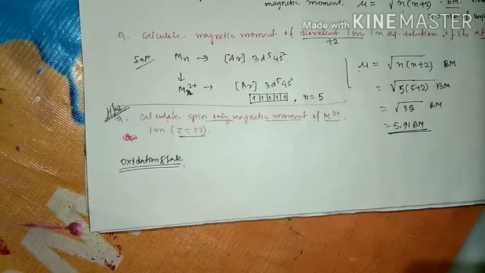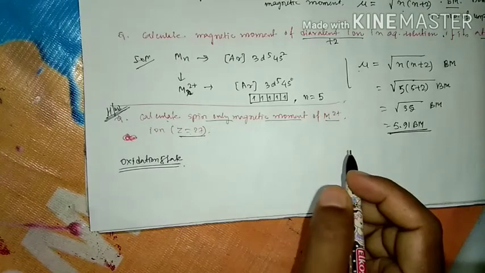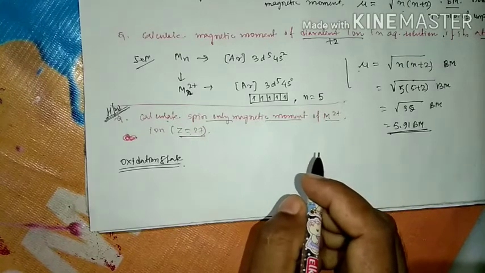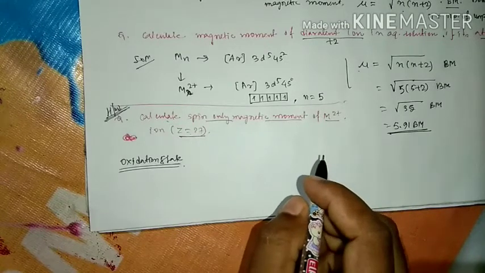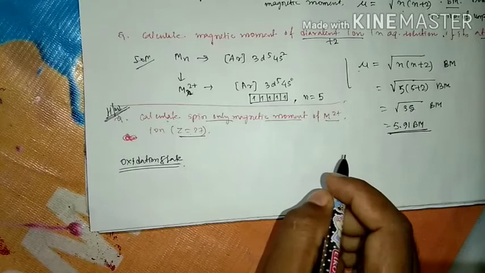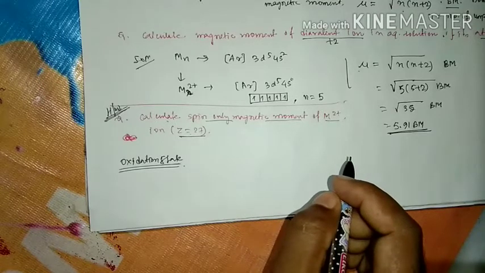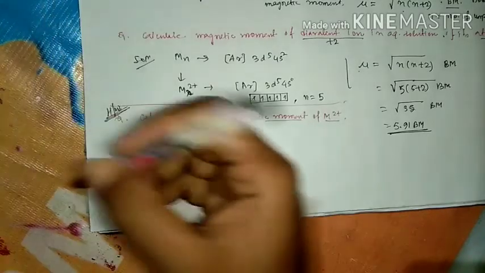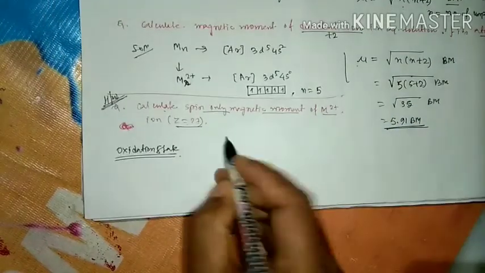Okay, the oxidation state of the first transition elements increases from scandium to what? Scandium to manganese, as I discussed in the last class. Scandium to manganese, their oxidation state increases from +3 up to +7.